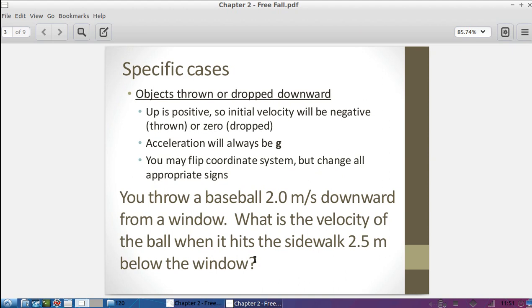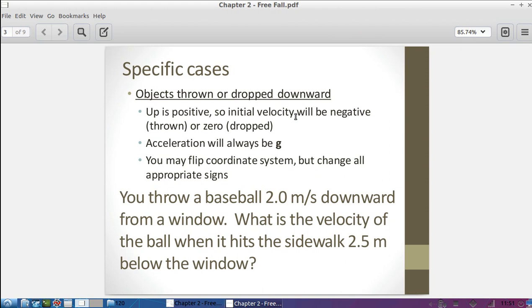When I throw an object down, I'm giving it an initial velocity. When it leaves my hand, it's going to have some v initial. That v initial is going to be negative. Our coordinate system has been defined so that towards the surface of the Earth is negative. So if I throw an object towards the Earth, I'm giving it a negative initial velocity. Take that same object and drop it.